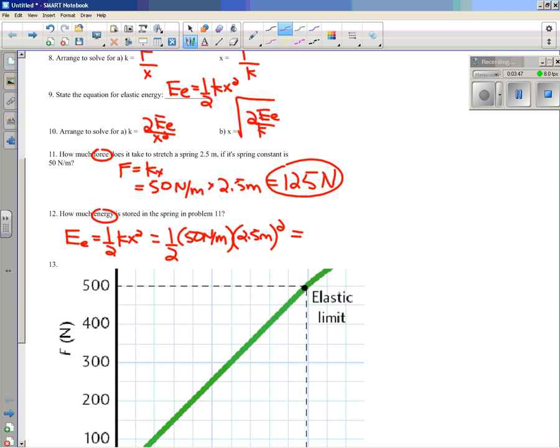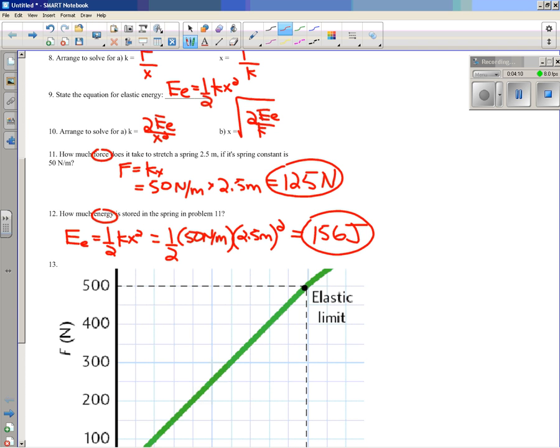Don't forget to square that x when you're doing energy. On my calculator, I type in 0.5 times 50 times 2.5, hit my x squared button, hit equals, and I got 156. What are the units? It's an energy, so that is going to be joules. Circle that, and you've done that question.